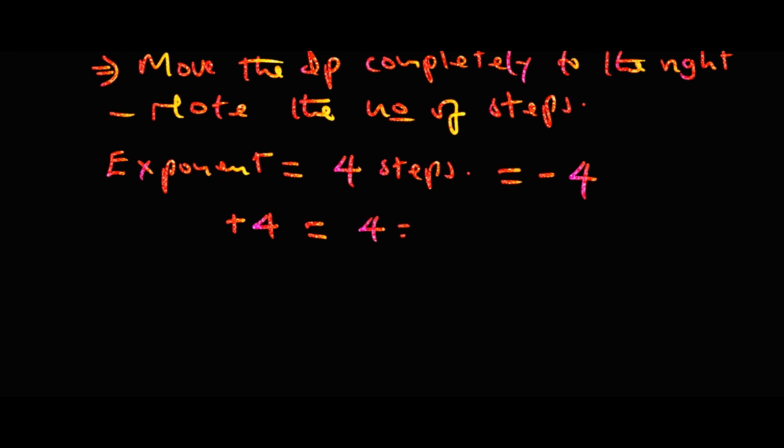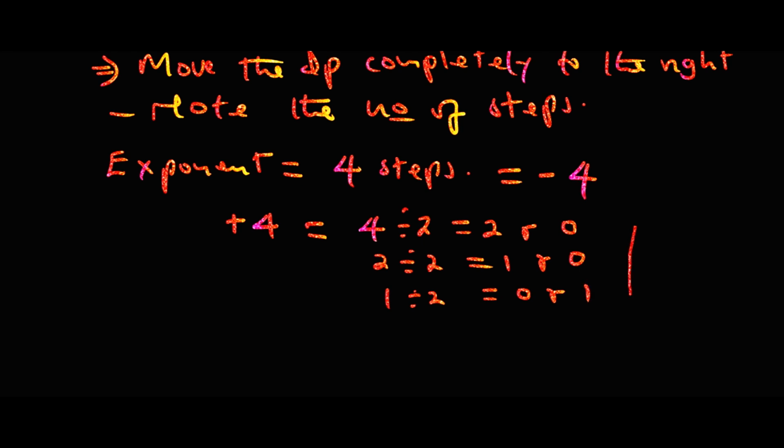Remember, the positive 4 can be converted as follows. 4 divided by 2 is 2, and the remainder is 0. Then 2 divided by 2 is 1, and the remainder is 0. And then 1 divided by 2 is 0, remainder 1.